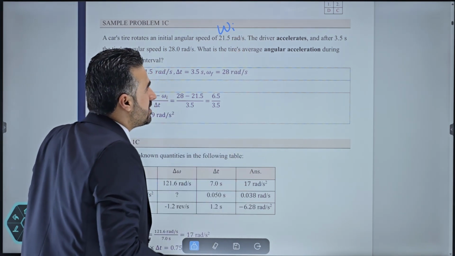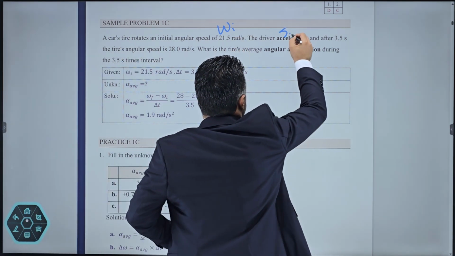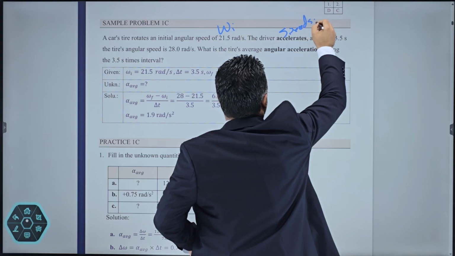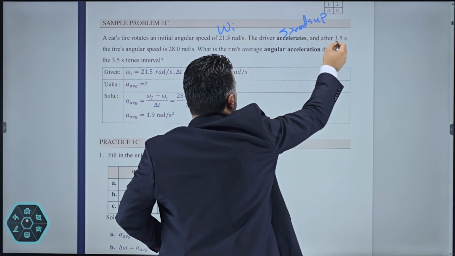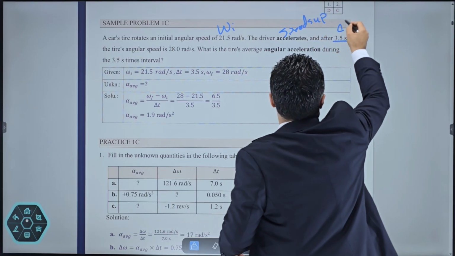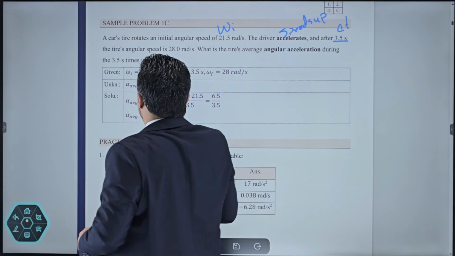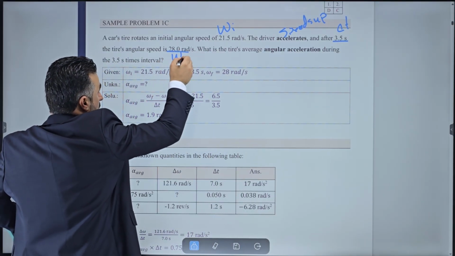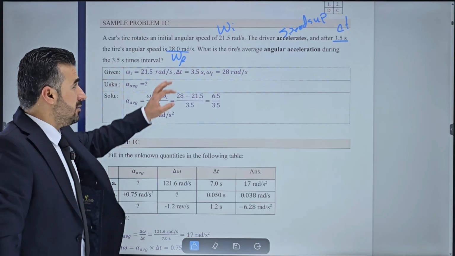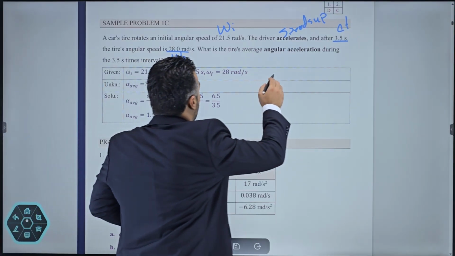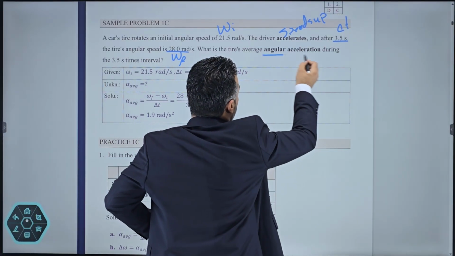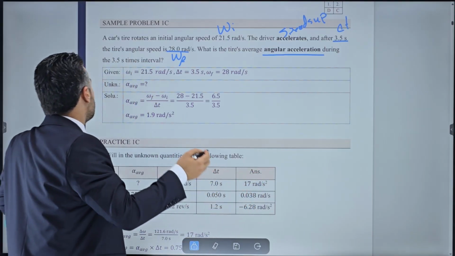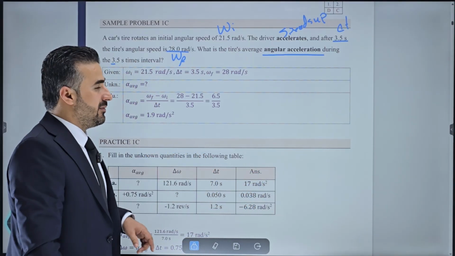The driver accelerates. Accelerate here means speeds up, right? Very good. After 3.5 seconds, this is delta t, yes? The tire's angular speed is this much, so we agree that this is omega final. What is the tire's average angular acceleration during this 3.5 second time interval?